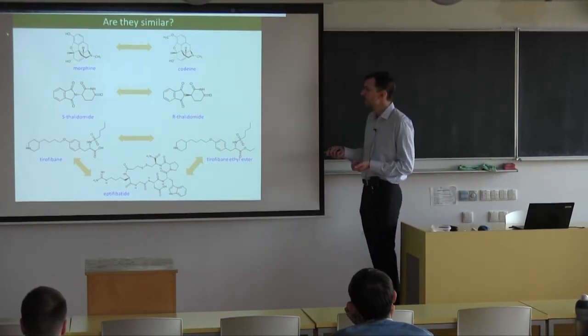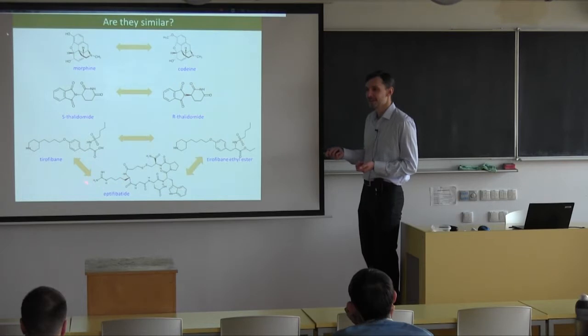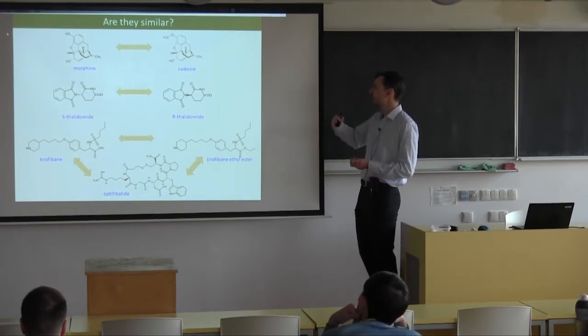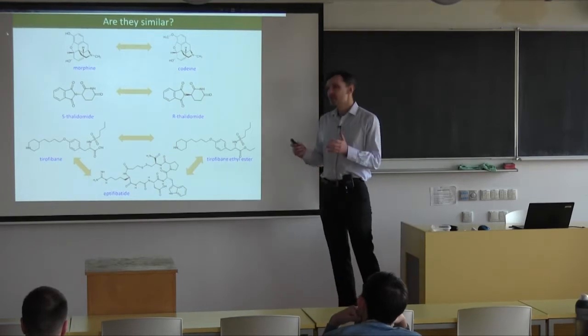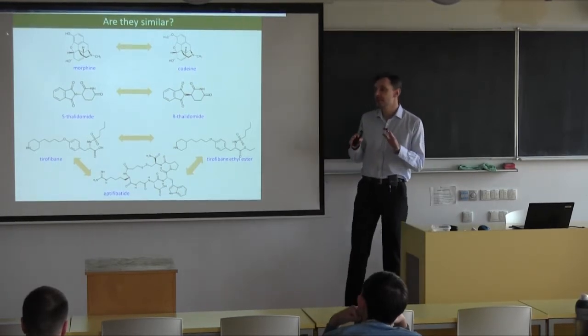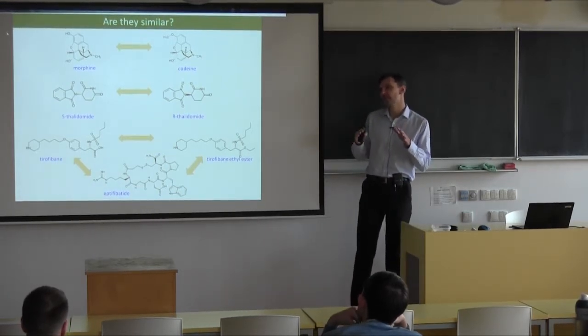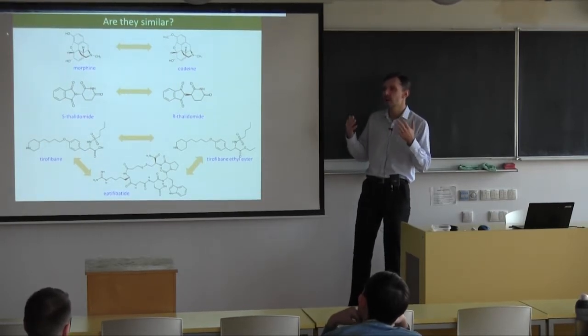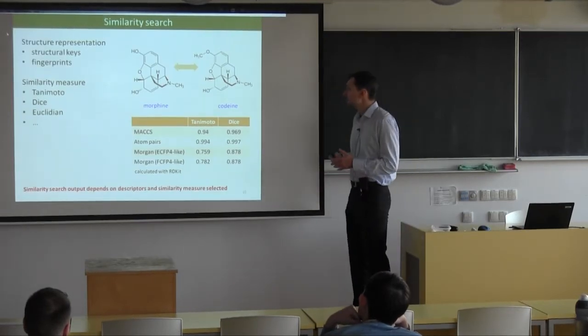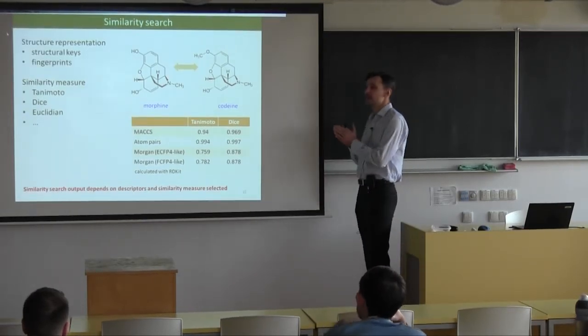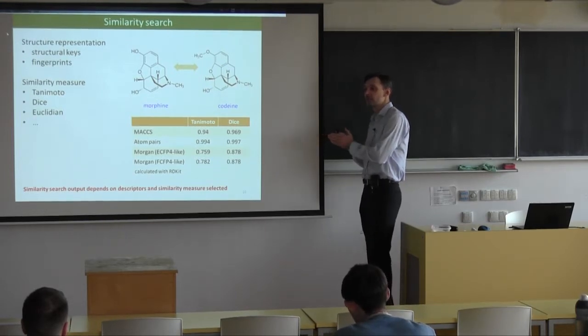So probably it will not be possible to easily find these two molecules by simple similarity search. I just wanted to point out that this problem is really complex. When we think about similarity, we should somehow rationalize how we measure it. These measurements depend on the representation of our compounds.